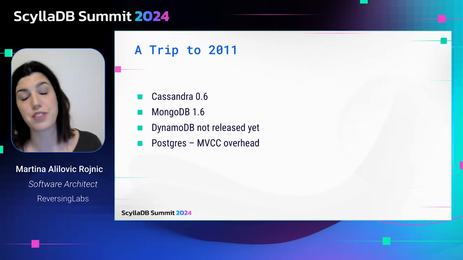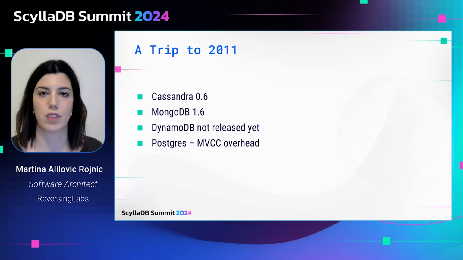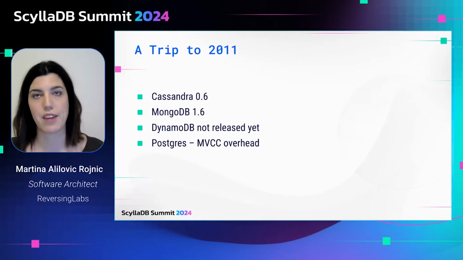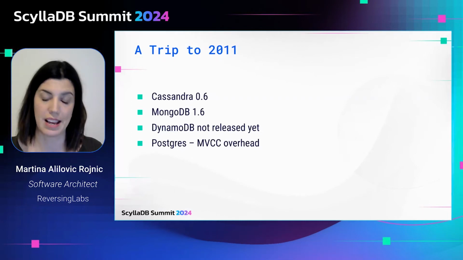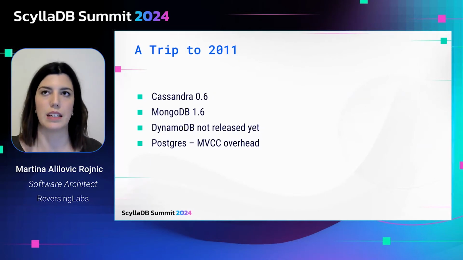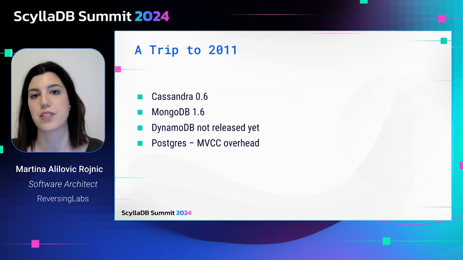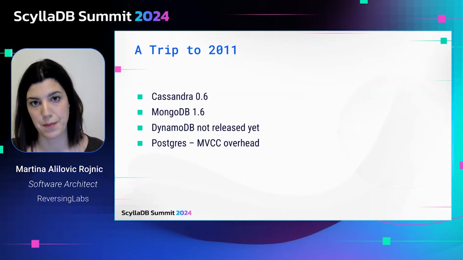ReversingLabs was using Postgres at the time. Postgres was okay for scalability for some time, but in 2011 we started to notice a lot of problems with it, mainly because of the multi-version concurrency control that brought a lot of overhead with it.